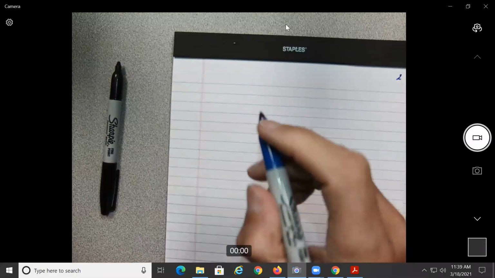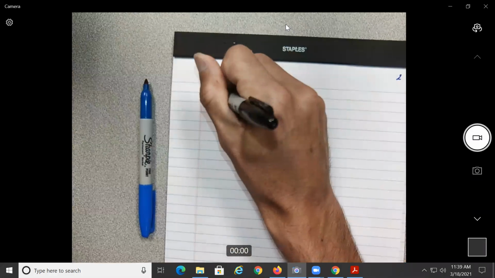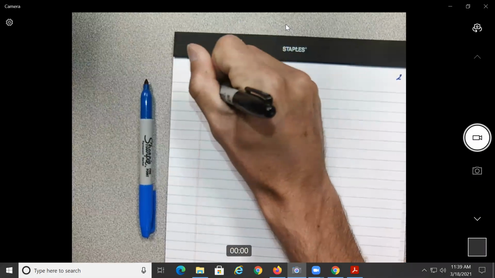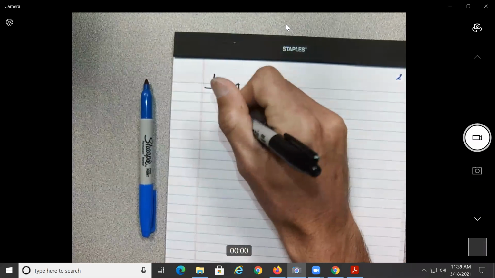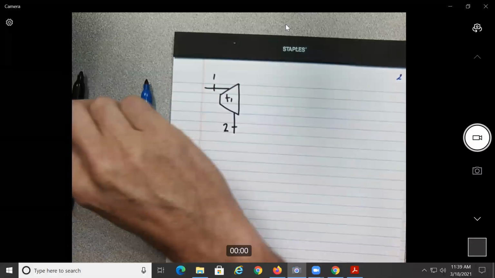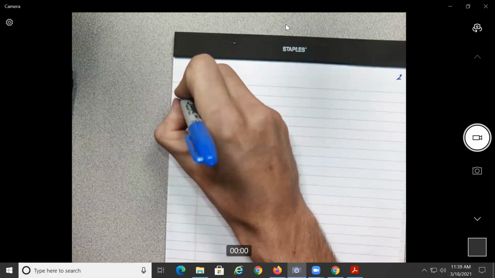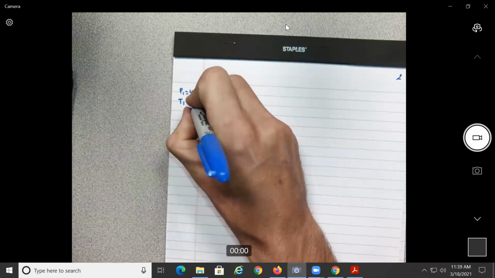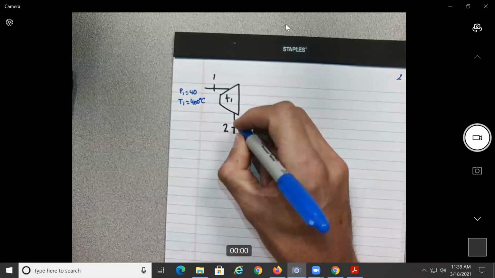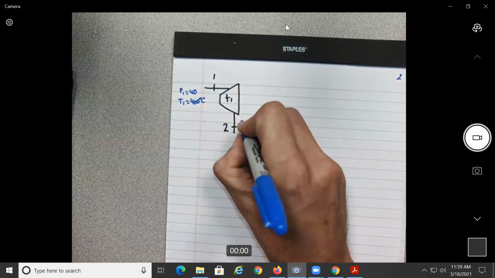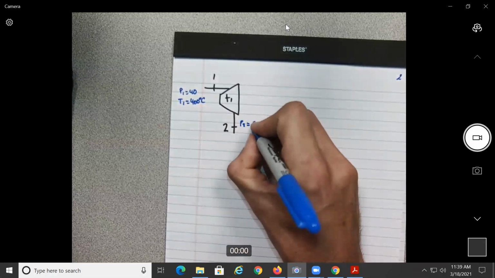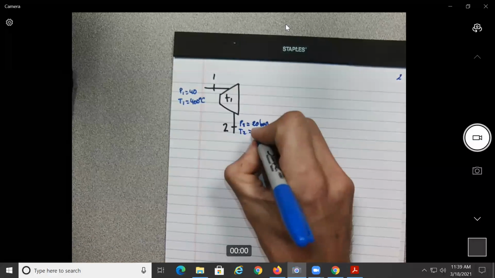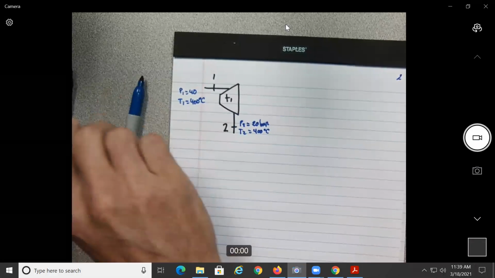Okay, so let's look at the turbine 1. State 1 and 2. So we already know 1 is P1 equal to 40, T1 equal to 400 degrees Celsius, and P2 equal to 20 bars, and T2 equal to 400 Celsius.